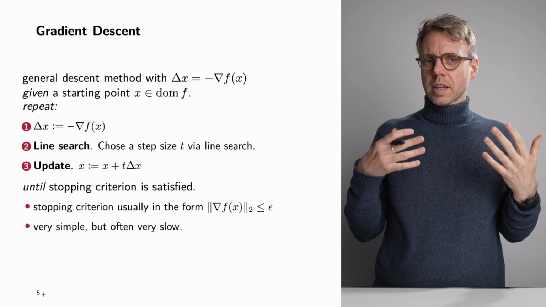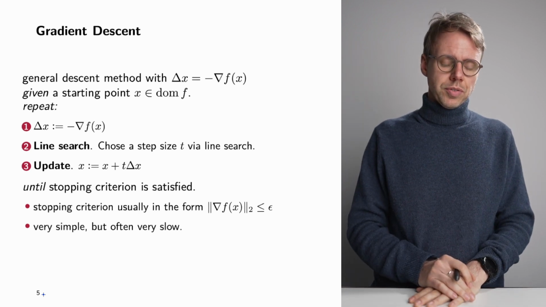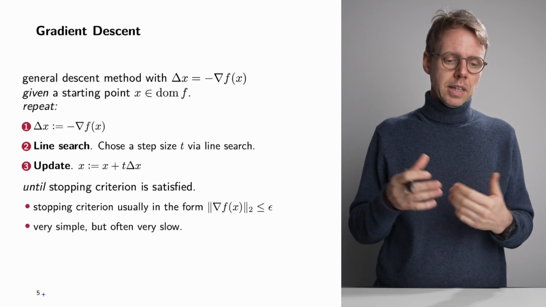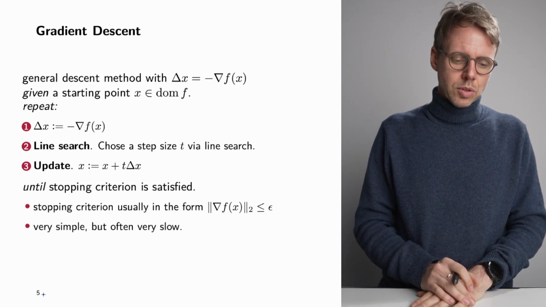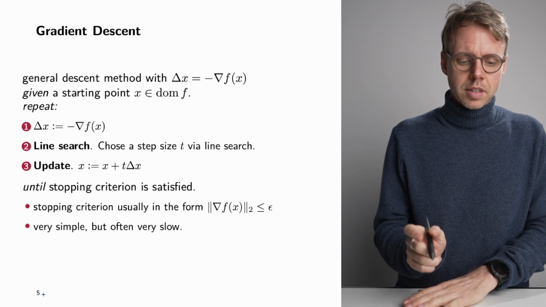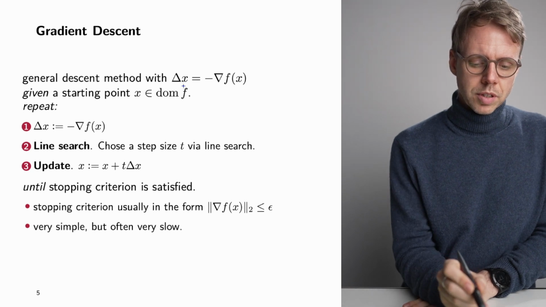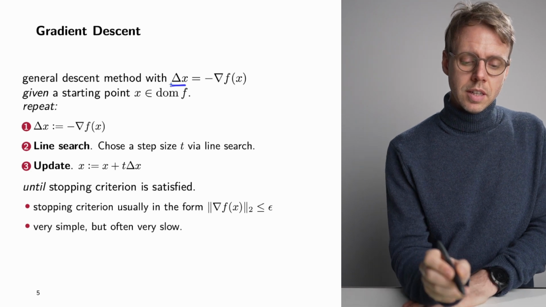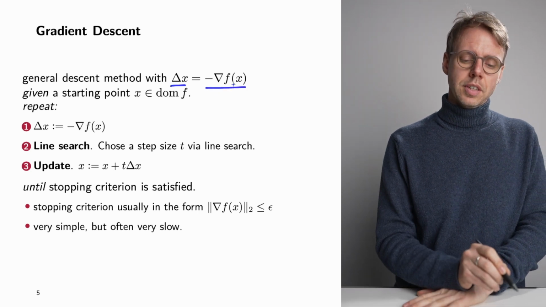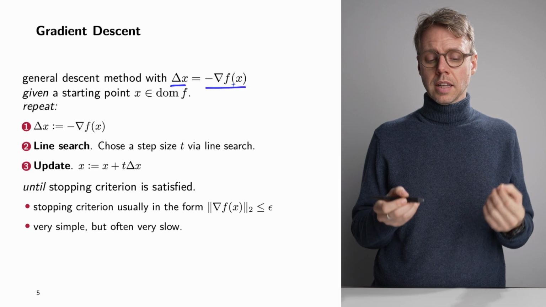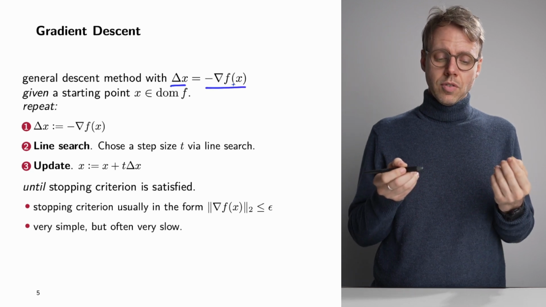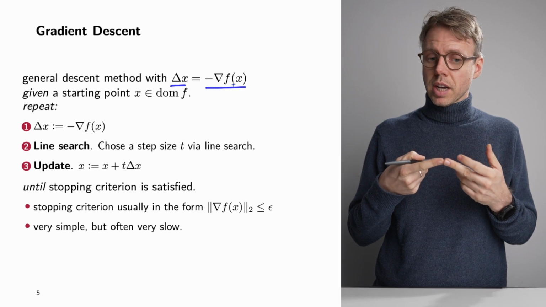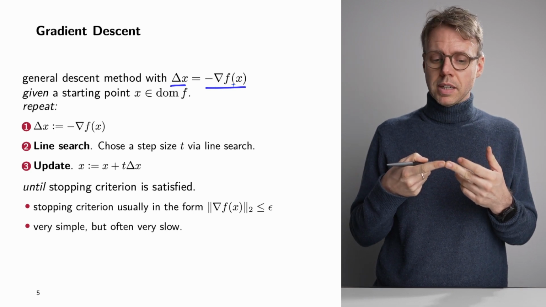The most common version of the descent algorithm would be gradient descent. So it's a general descent method where you choose the step direction as the negative gradient. We said that any vector that has a negative inner product with the gradient would be a descent direction.